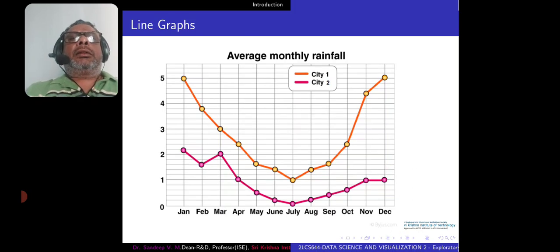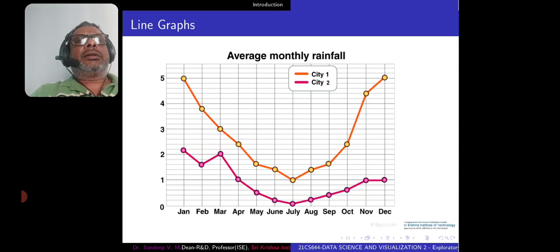The other way of doing it is a line graph. Here it is trying to show the average monthly rainfall in two cities. It's showing from January to December, various points are plotted, and they are connected through lines. That's called a line graph. We can see that the orange one is city one.